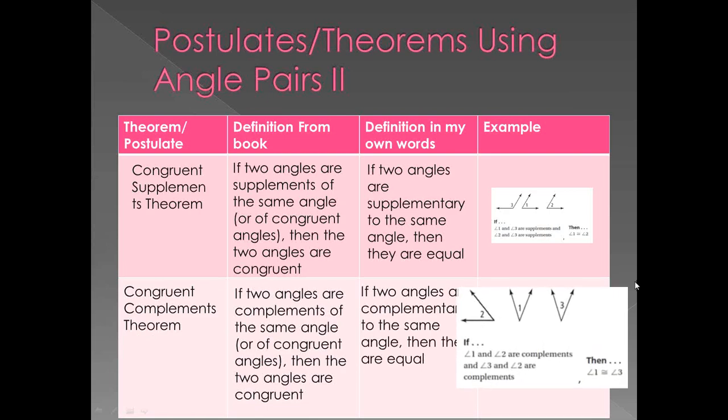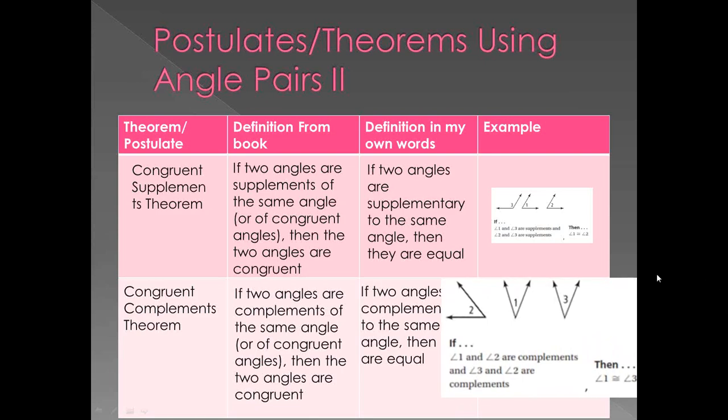Okay, so here is our congruent complements. We have 1 is a complement of 2, and 3 is also a complement of 2. So since they're both complements of this angle, that means that 1 is equal to 3, which we put down here.